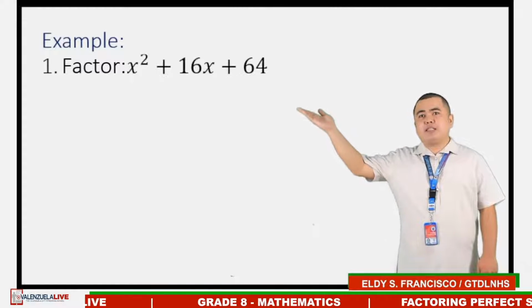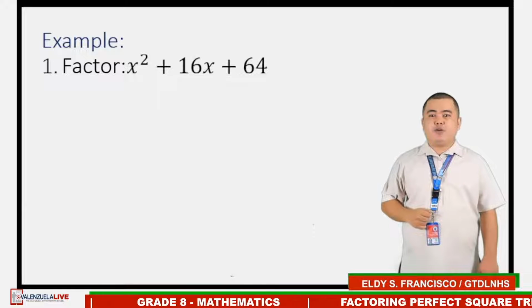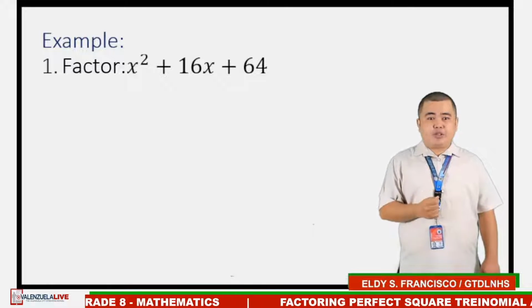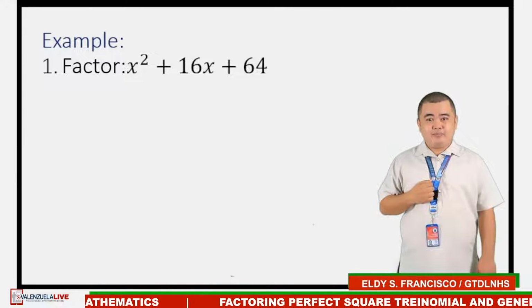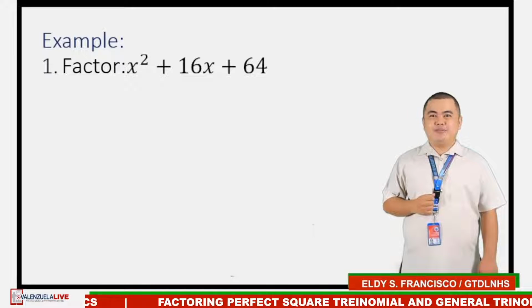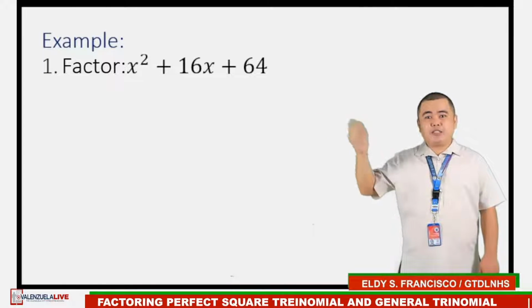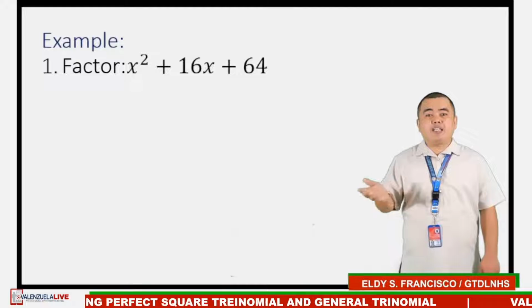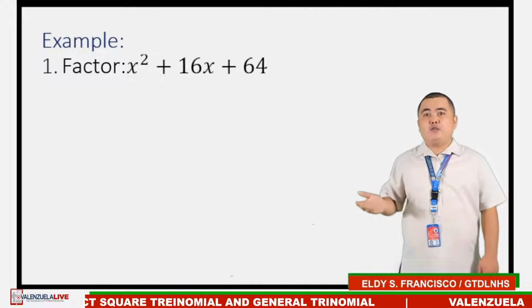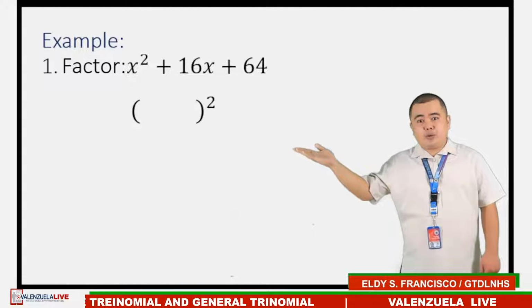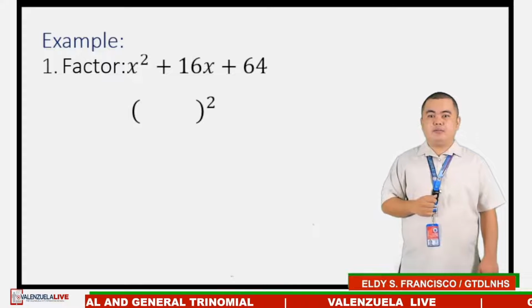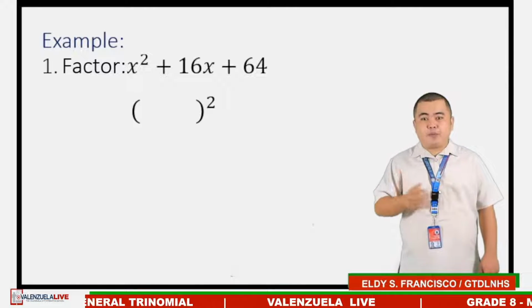Factor x squared plus 16x plus 64. Is the given expression a perfect square trinomial? Okay, yes, very good. This is a perfect square trinomial. So we are expecting our answer is in this form, or a square of binomial. Okay, let's proceed to step number 1.